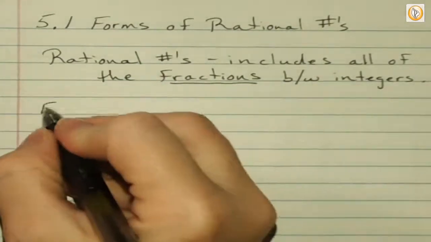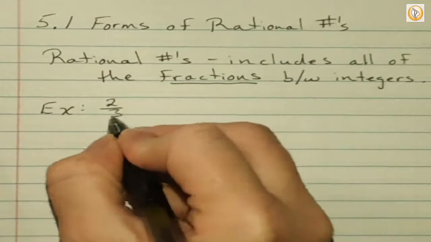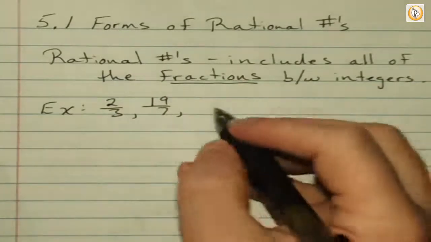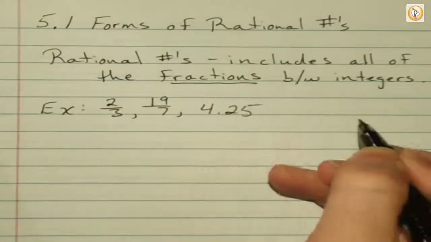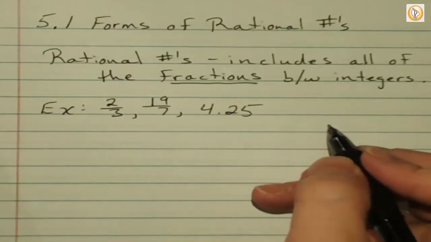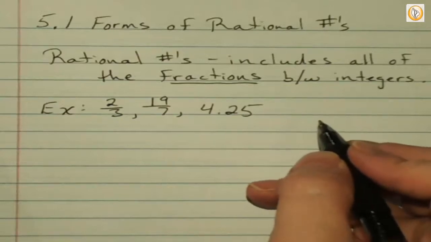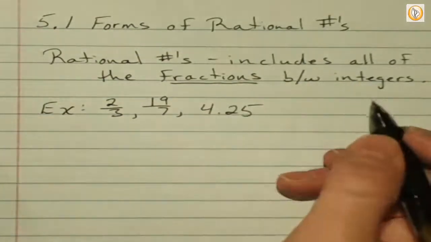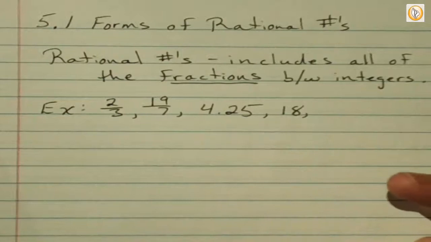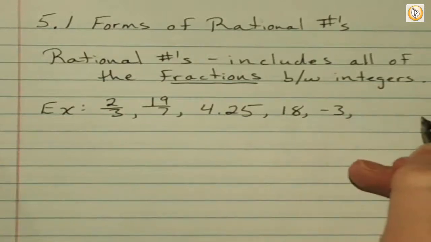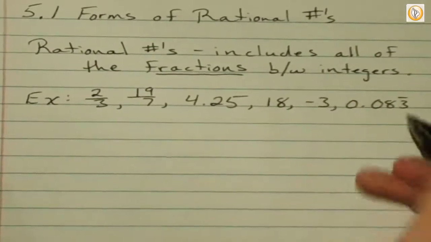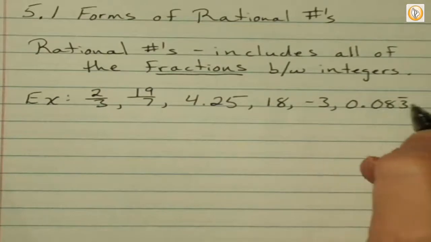For example, 2 over 3, 19 over 7, 4.25. So it includes all of the fractions between integers. Wait, decimals and fractions? It includes everything. All rational numbers. So it includes decimals, whole numbers, negative numbers. It includes repeating decimal numbers.